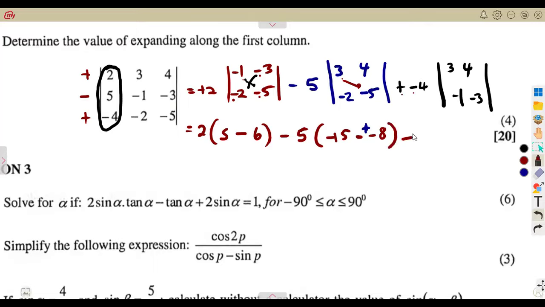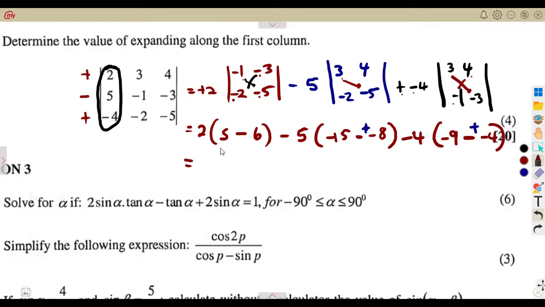Plus and minus, that's -4 into 3 times -3, that's -9, minus 4 times -1, multiply this, so that will be -4. As we can see here, a minus and a minus will be a plus.